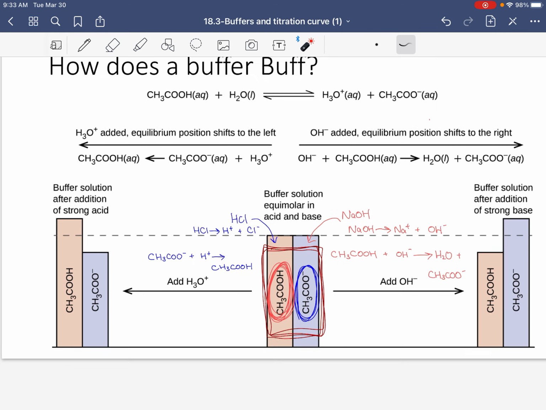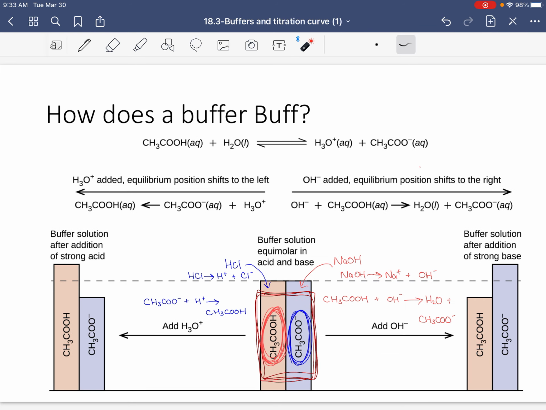All right, so this diagram, rather my little illustration, shows, of course, in a bar chart, how when you add acid in there, so you're really adding H3O plus, that acetic acid, which is this, will go up, okay, while this will come down. Okay?